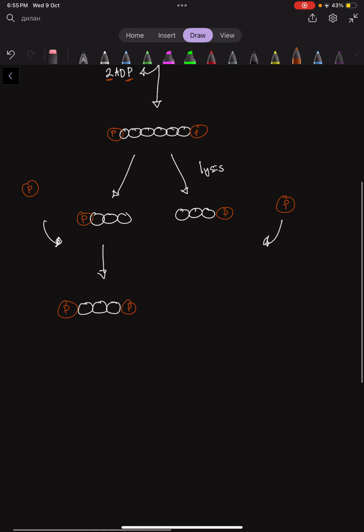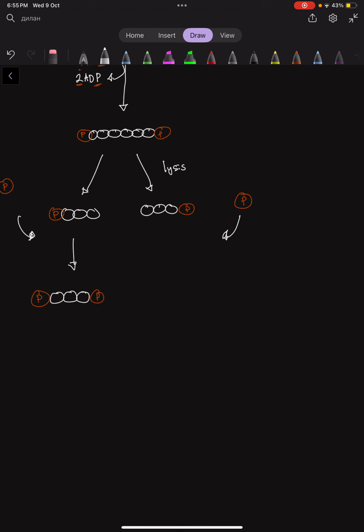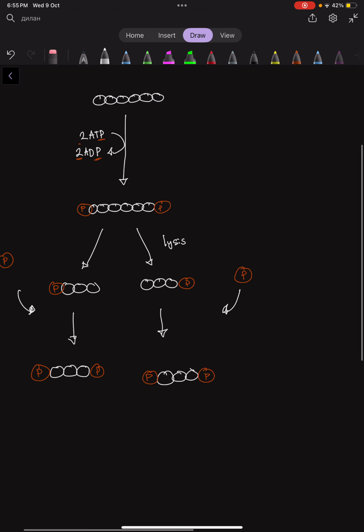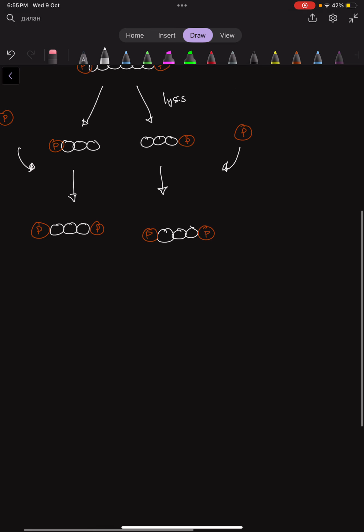So that's what happened when the P joined on this side, and obviously this side is just the exact same. So this just needs to be memorized, by the way. It's just the steps of glycolysis occurring in the cytoplasm, does not require oxygen. Okay, so that's what we have so far. By the way, this was a 6 carbon and it's just glucose. That will be fine in the mark scheme.